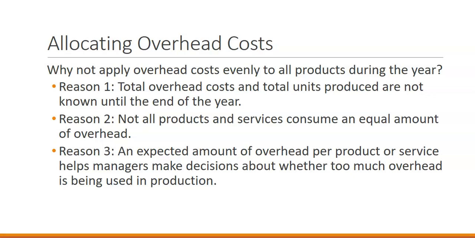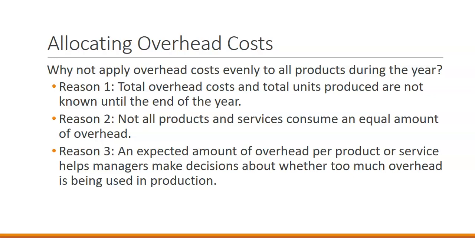Not all of our products or the services that we have consume an equal amount of overhead. We might have 10 products and each product uses our facility differently. So we've talked about the things that go into overhead, all of those indirect costs like production salaries, factory depreciation, factory rent or factory mortgage, indirect materials, indirect labor.